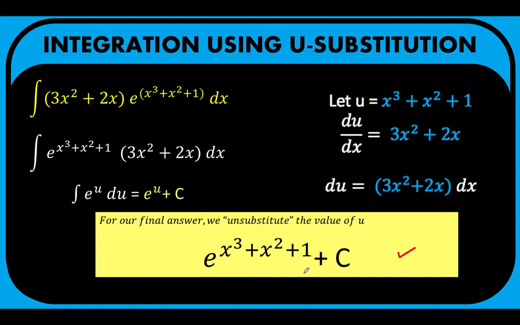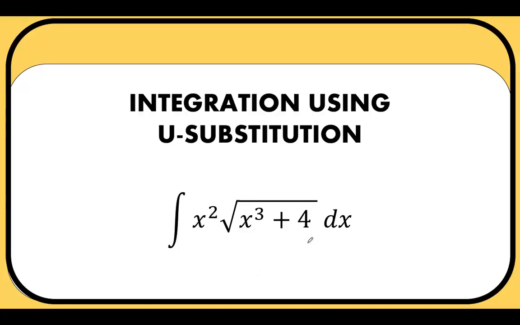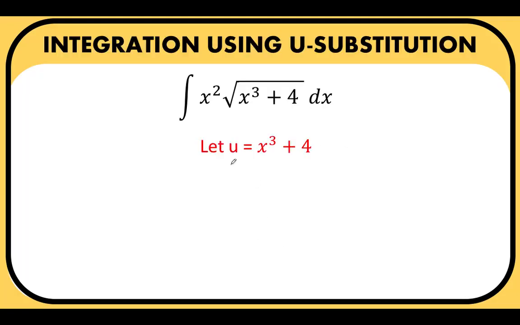Let's go to our problem number 2. Find the antiderivative of x squared times the square root of x cubed plus 4 dx. Again, this looks like a complicated function to integrate because of the presence of the radical sign. But using the U-substitution, we first let u be equal to one of these functions.